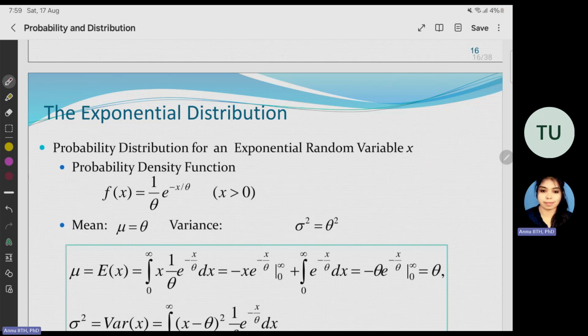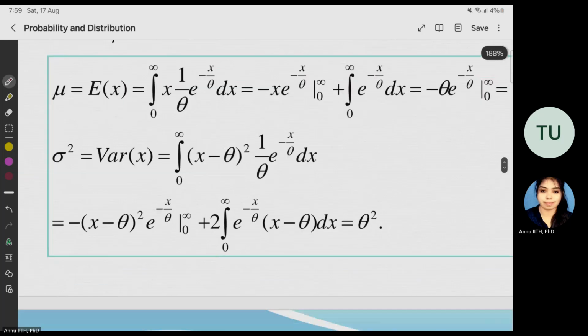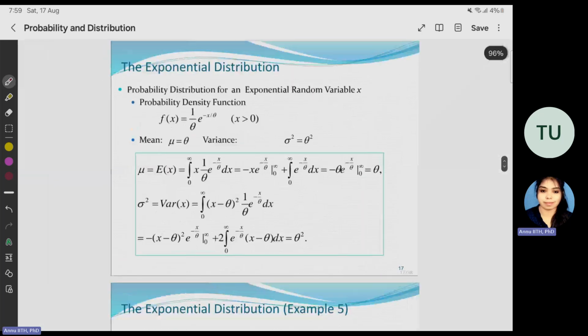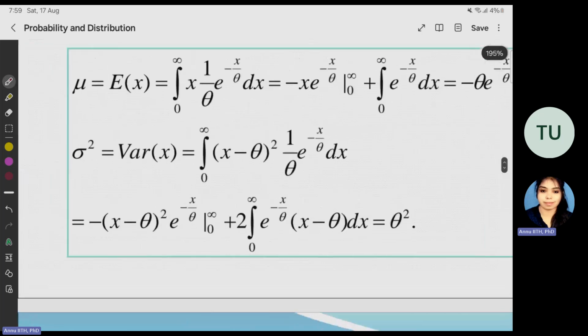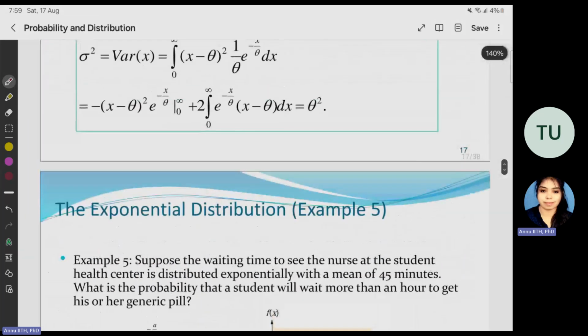So let's go ahead. If you have any doubt, please ping over here. Now, if you have to calculate the mean and variance for the distribution, you can calculate like this. Let's go to question number 5.